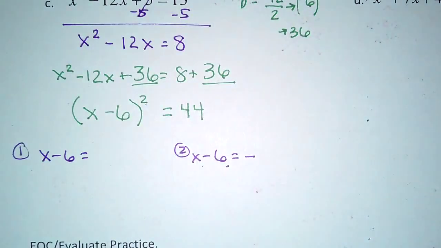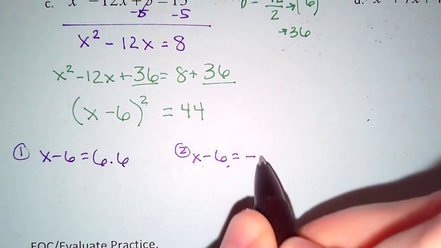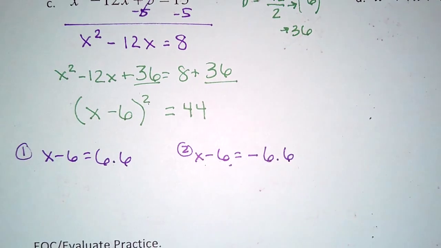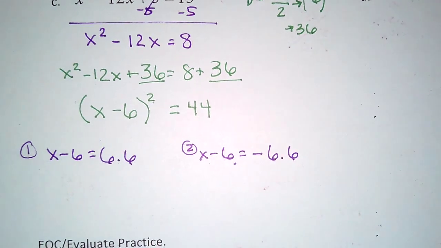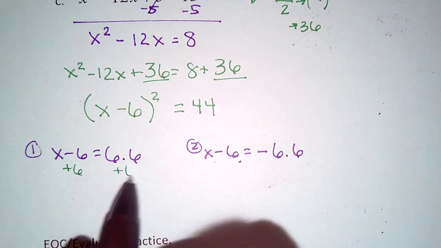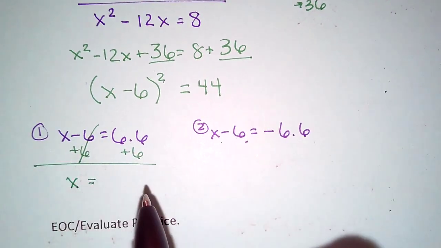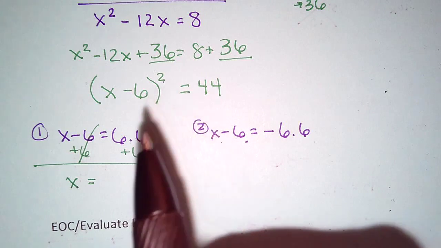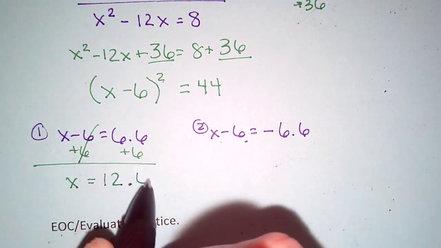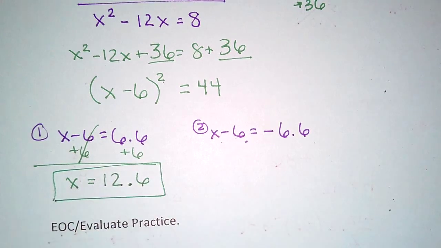6.63. So 6.6 and negative 6.6. The whole reason we had to set up two equations is because the square root of 44 could be positive or negative, 6.6. In our first solution, add 6 to both sides, cancel, x equals 6.6 plus 6, which is 12.6, one of our solutions.